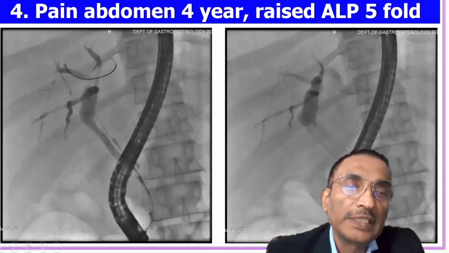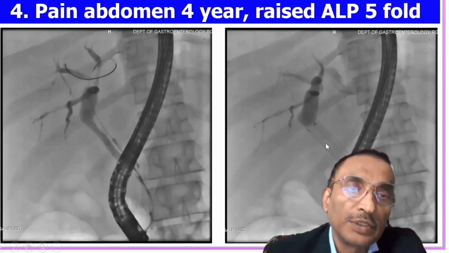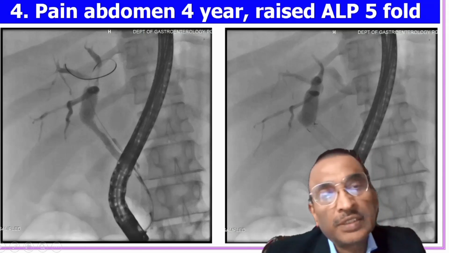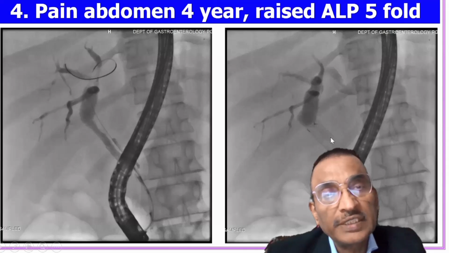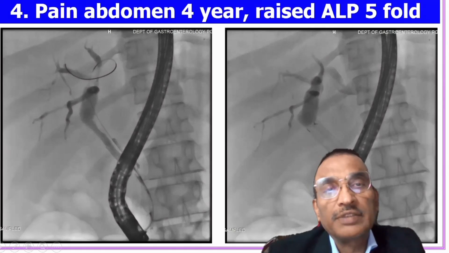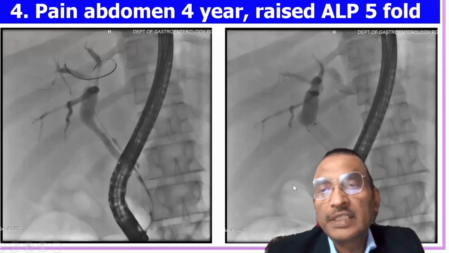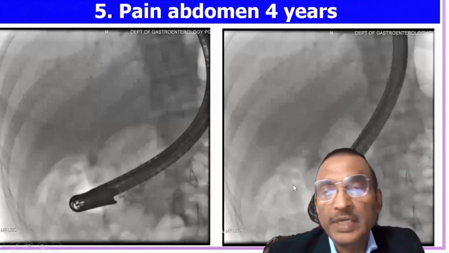Here for a change, there is a metal stent which has been placed. So you are seeing it is a mesh stent. So most of the time we use Boston Scientific stents. So this is the covered stent which has been placed here in the bile duct. So one should be able to make out.